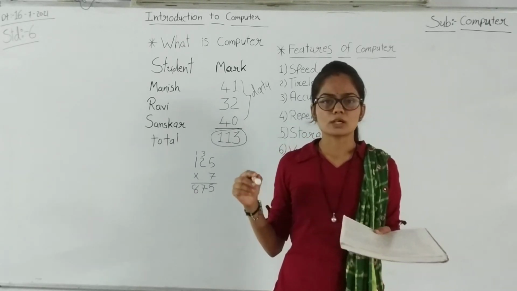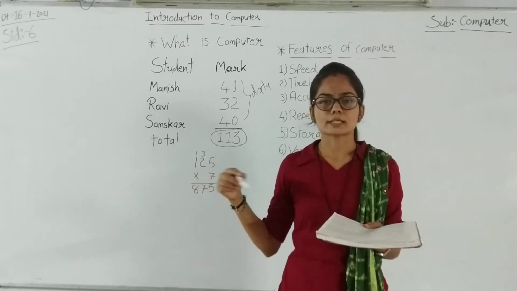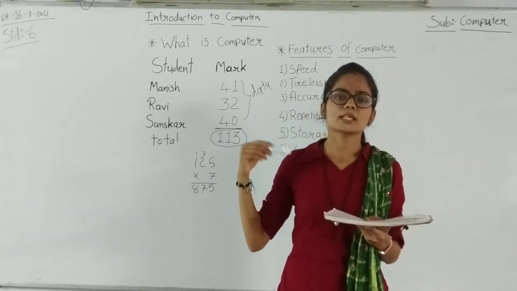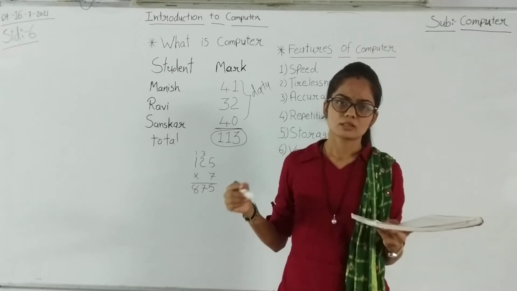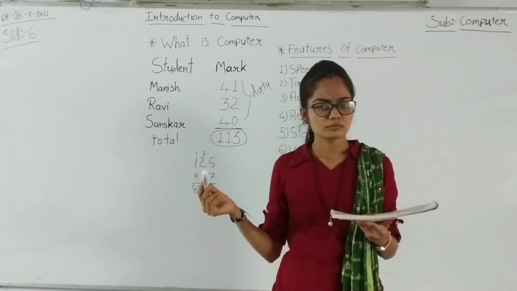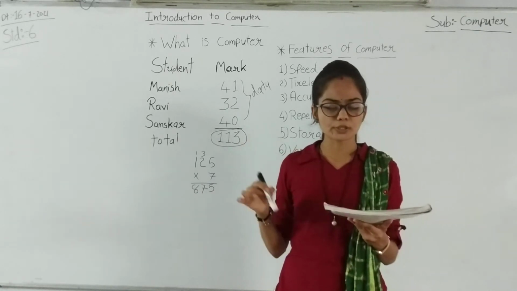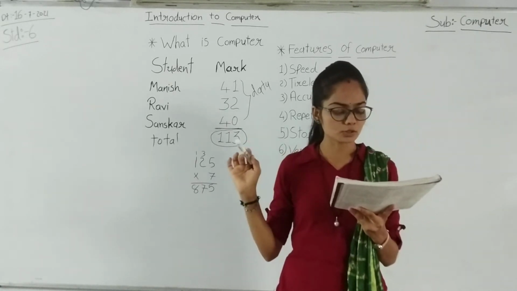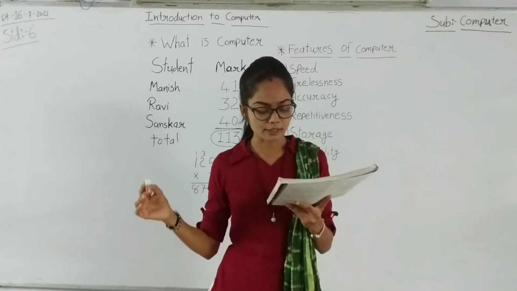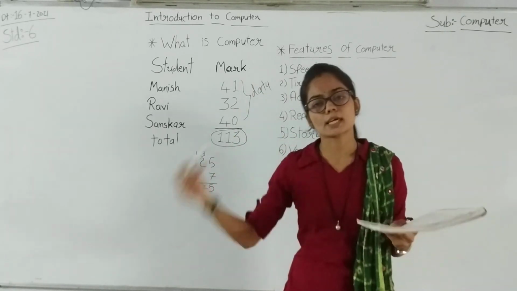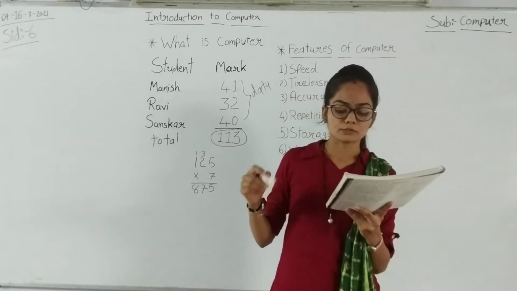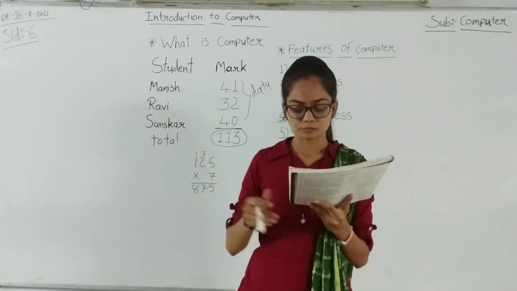You cannot work continuously at the same work. You feel like, I am tired and I am bored with this work. But in the computer's case, the computer does not get bored and tired and works with the same speed.